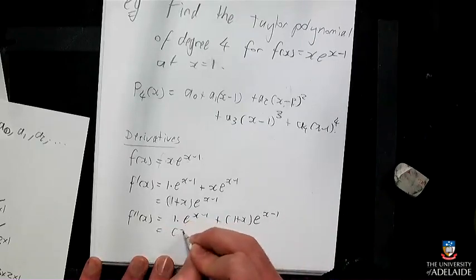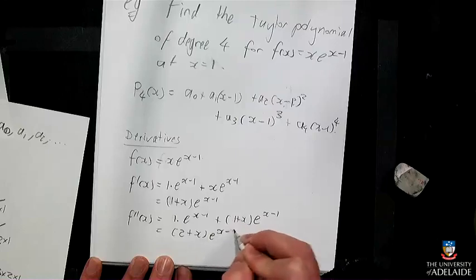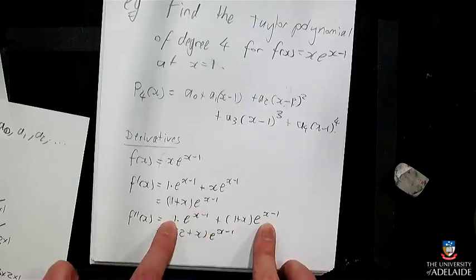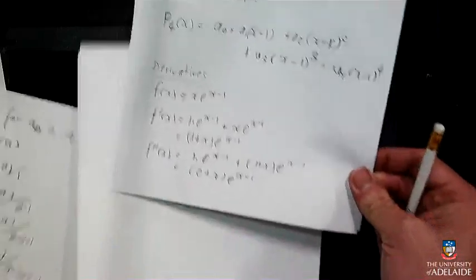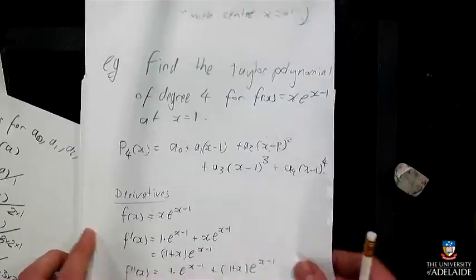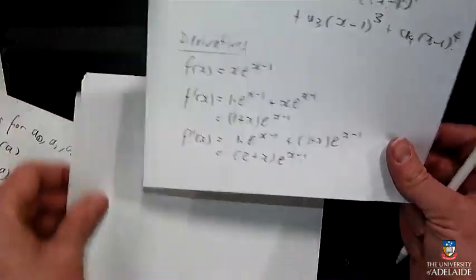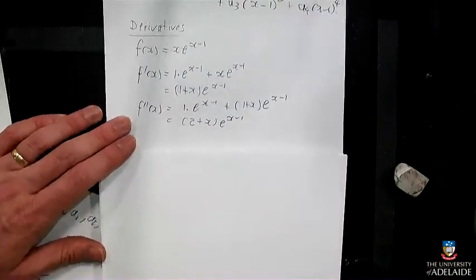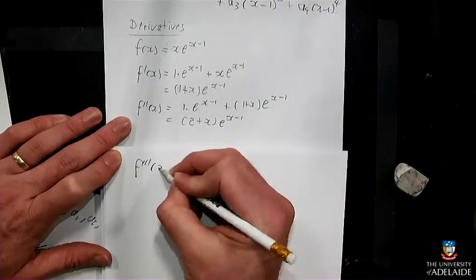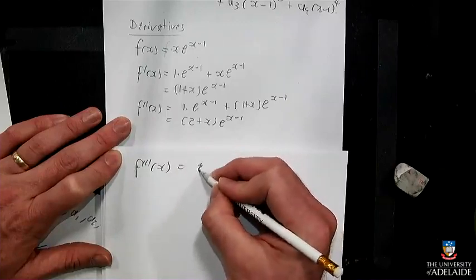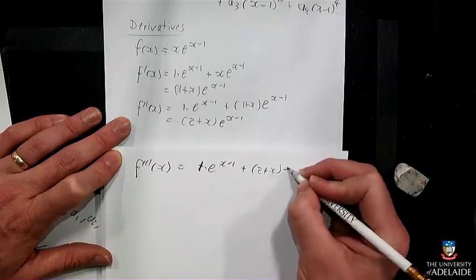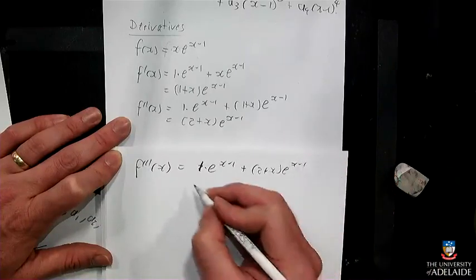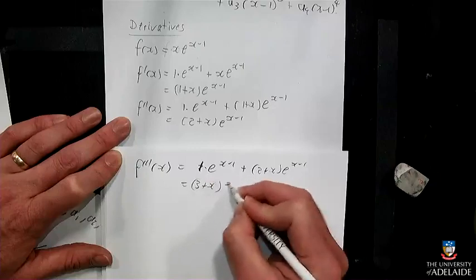Okay, that's pretty cool. If I remove the x minus 1 exponent part, I'll have 1 plus x plus 1, which is 2 plus x. Oh, it looks like we're going to be forming a pattern here. I can see it. The third derivative, 1 times e to the x minus 1 plus 2 plus x times e to the x minus 1 times the derivative of that, which is 1, which is 3 plus x.